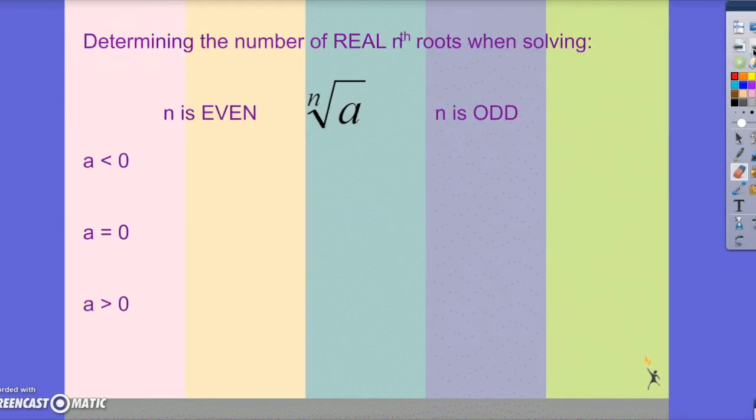All right, now determine the number of real nth roots when solving. This is important because the last slide or two is going to deal with solving for a variable. It matters if n is even or odd. Now even actually reminds you of a square root, right? If my number was less than 0, we had no real nth roots.